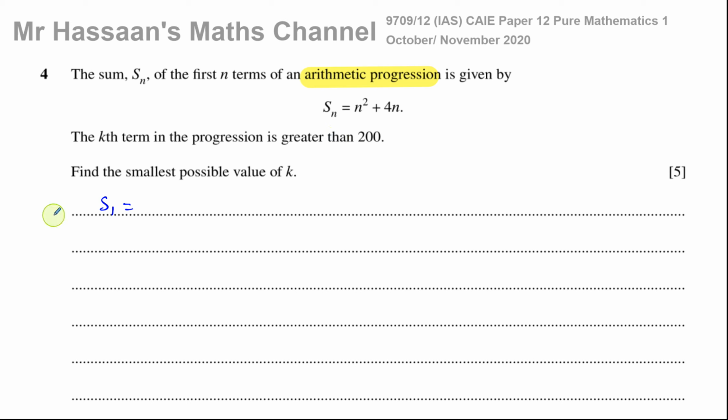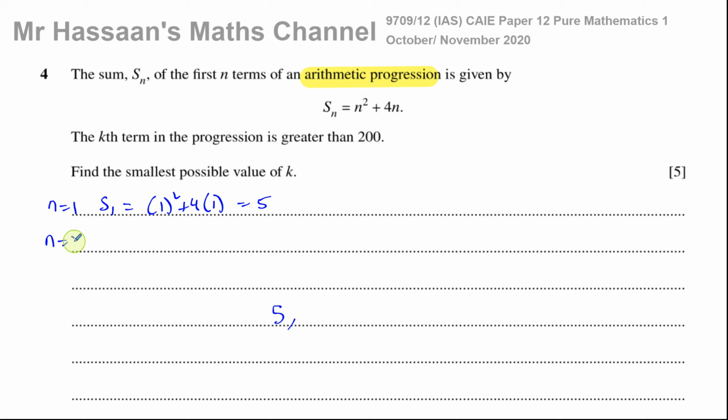If I put 1 instead of n, that gives me the first term, because if you just add the first term of the series, it's just going to be the first term, which is called a. This would be 1 plus 4, which is 5. So the first term of the series is 5.